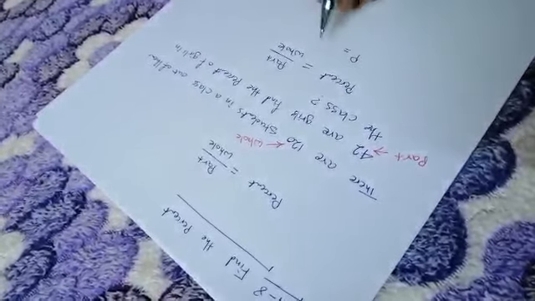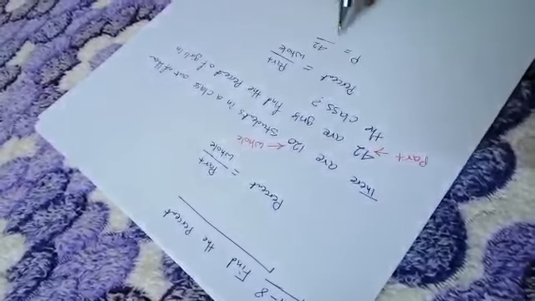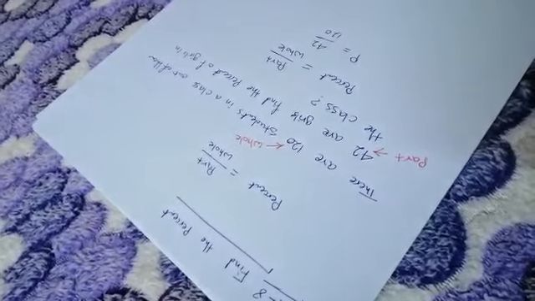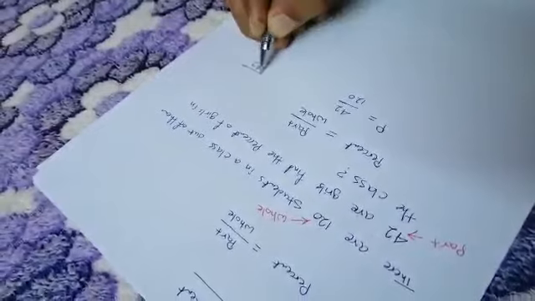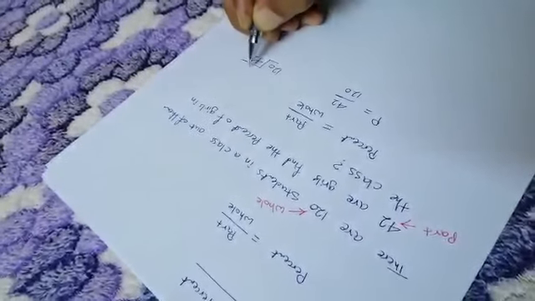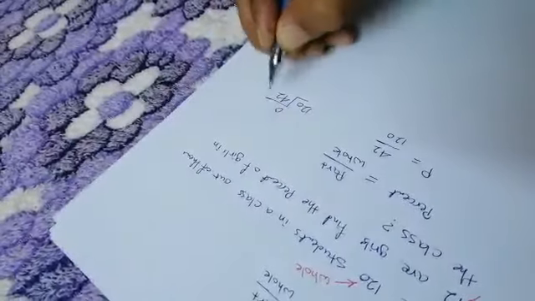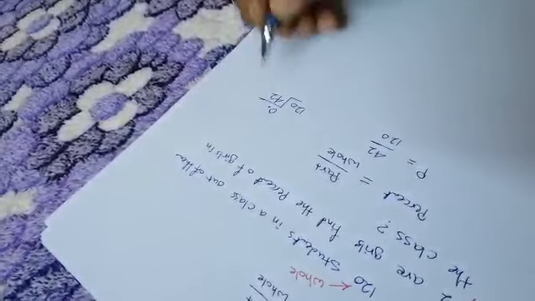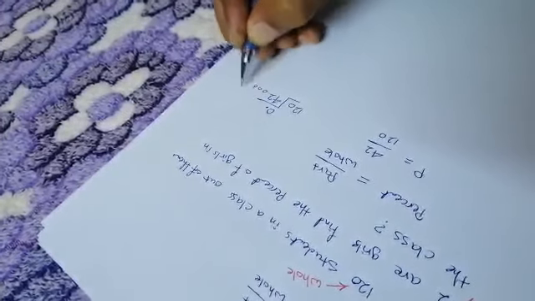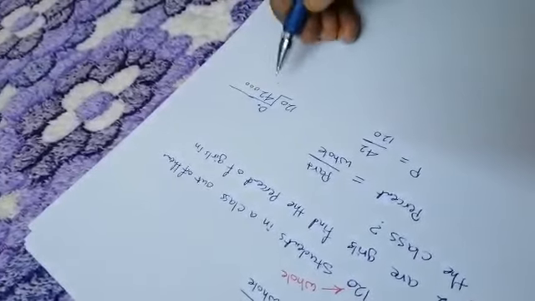P equals the part, 42 out of 120. Now we divide 42 divided by 120. We add a decimal point up in the quotient and we have unlimited zeros after 42.